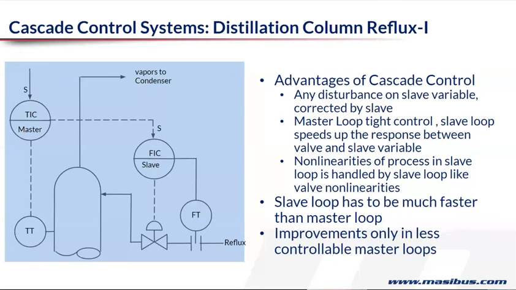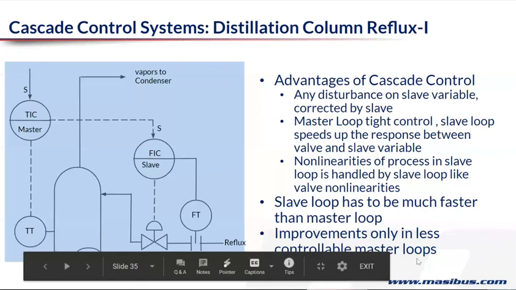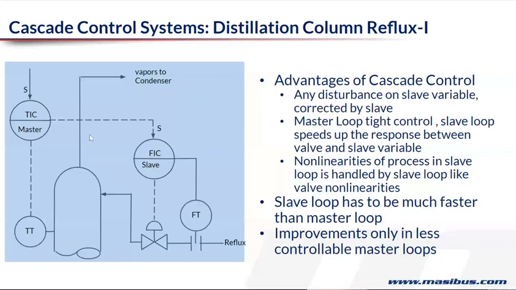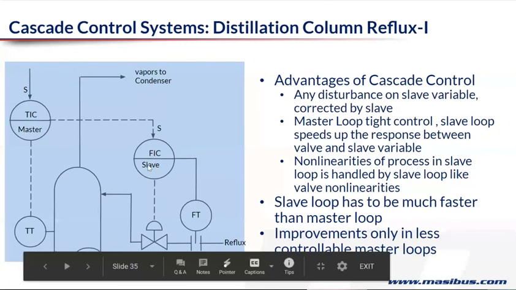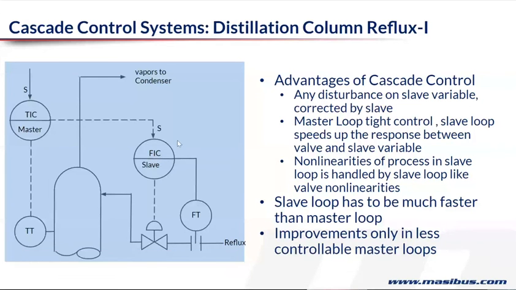Now improvements, you will see this improvement only if the PID is not able to control with a good degree of tight control. If the master controller itself as a standalone can control the process beautifully, by bringing in a cascade control, you will not see any improvement.